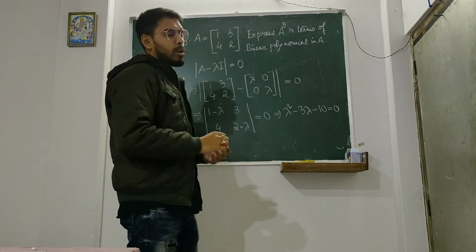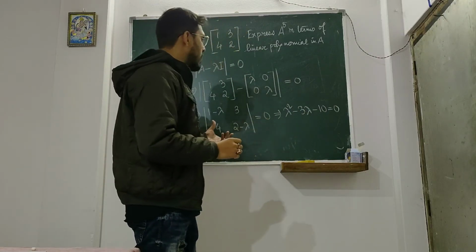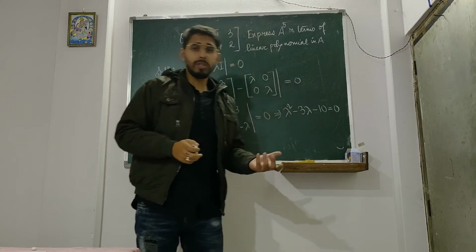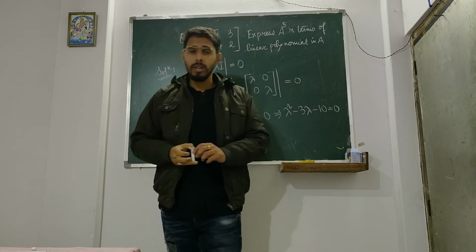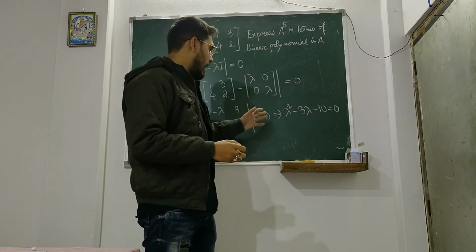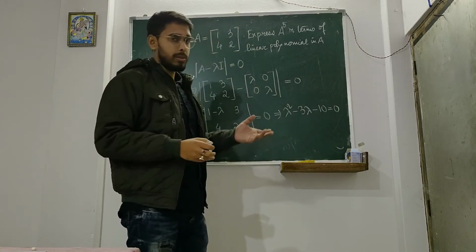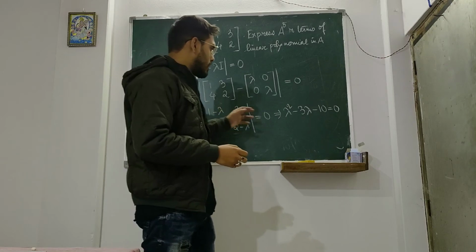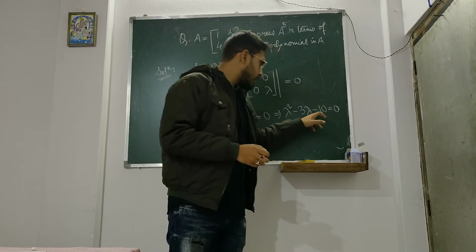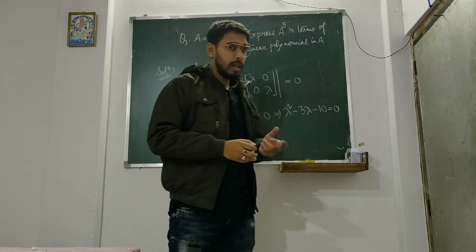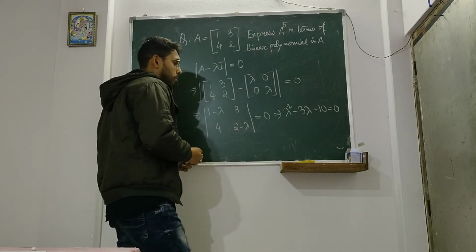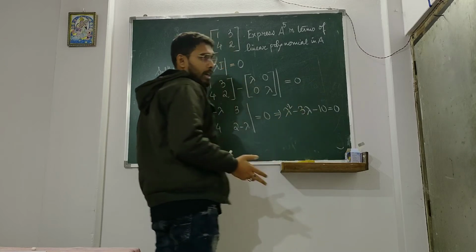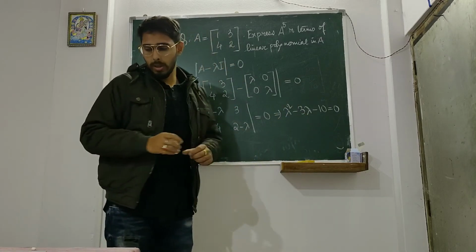So if you have not understood how we have solved this, I will just request you to watch the previous video on Cayley Hamilton Theorem where we found out the inverse of a matrix. So there I have explained how we had find out the determinant and everything. So this is just the quadratic equation in terms of lambda that we have received. Now we are going to do the Cayley Hamilton Theorem where we are going to replace lambda with A and find out the equation from there.